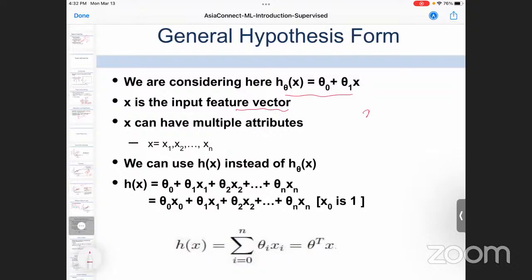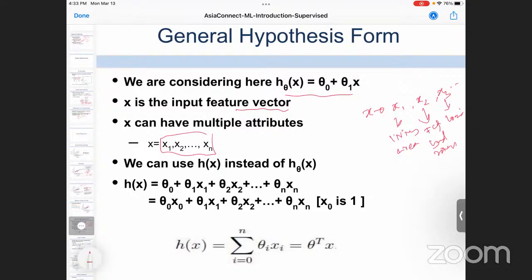This is a particular example, X, and the features can be X1, X2, X3, and so on. So this can be the living area, this can be the number of bedrooms, this can be location. So the input can have many features.